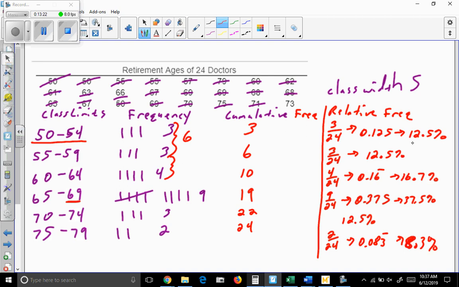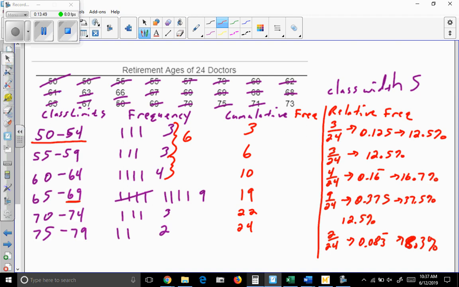So that just lets us know what percent of our data is in each class. We can look at our data and know that the third class has the most items in it. We can also see that, as a percent, it has 37.5% of the sample in that category.